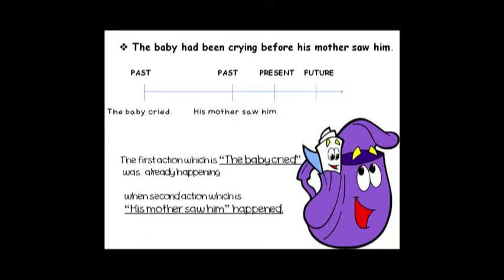The duration of the action, showing the red line, and this sentence is our past perfect progressive. That's why we resulted in a sentence, the baby had been crying before his mother saw him.